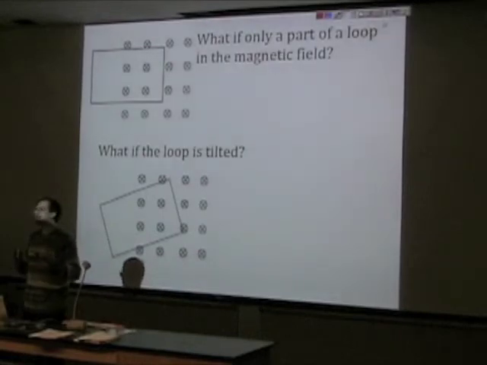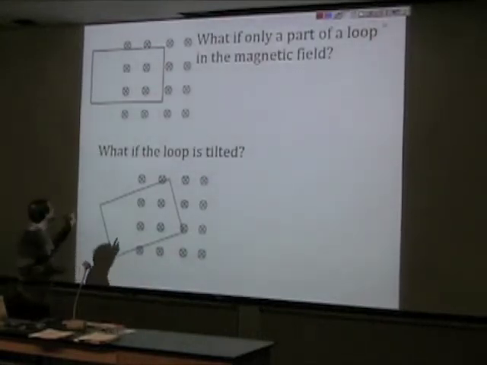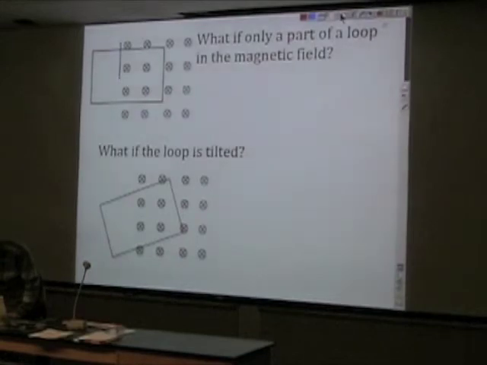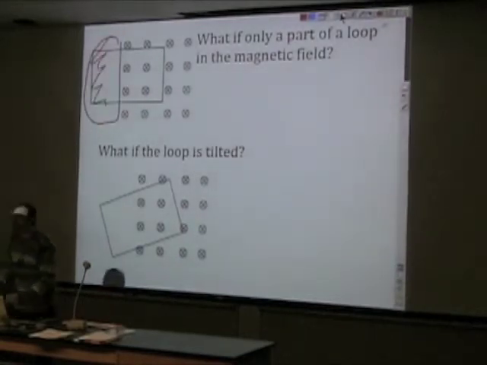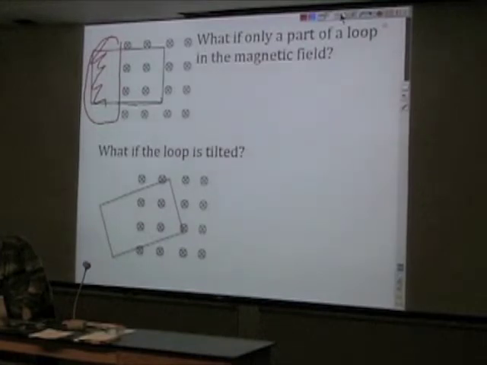Well, there are 2 other situations to discuss quickly. What if only a part of a loop is in the magnetic field? Well, in this situation, this part of the loop is outside the magnetic field. There is no force acting on it. We just can cut it up and forget about it. So, only this part of the loop is in the magnetic field.